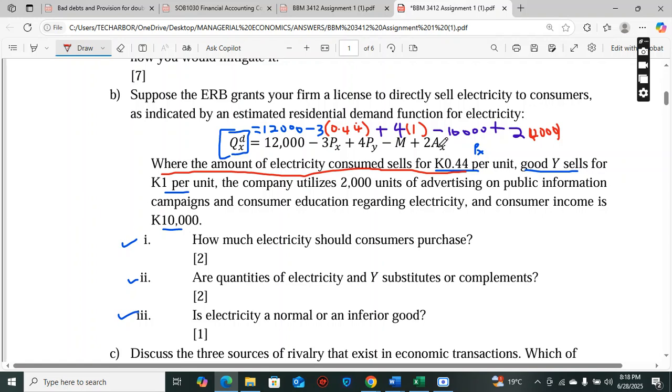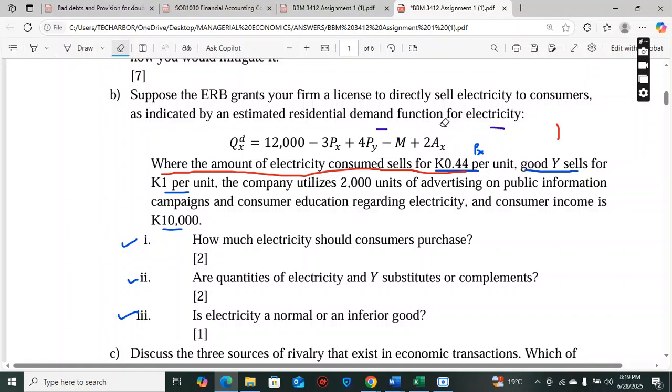Okay. Next part: are the quantities of electricity and Y substitutes or complements? When they're asking you about substitutes and complements, we're talking about the relationship between good X and good Y. So in this equation, we're focusing on the quantity demanded for good X and the price of good Y, because we want to find out if X and Y are substitutes or complements.